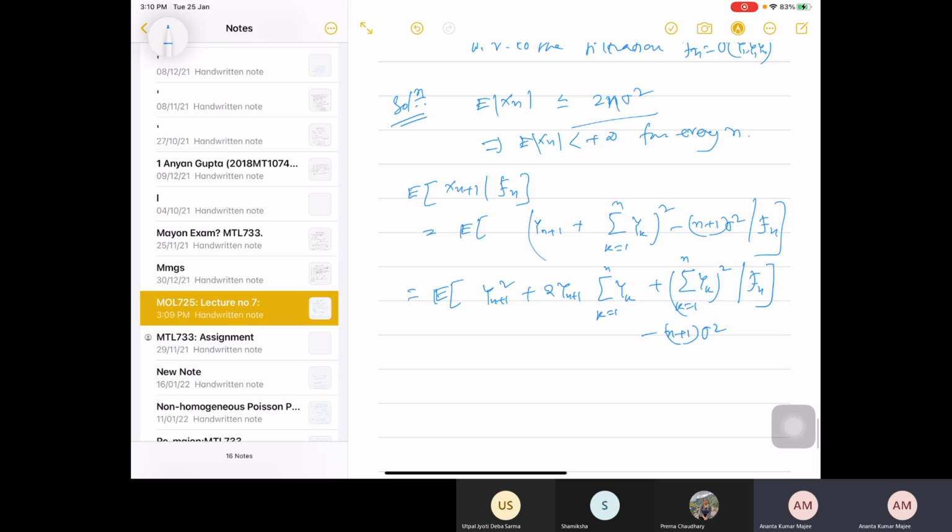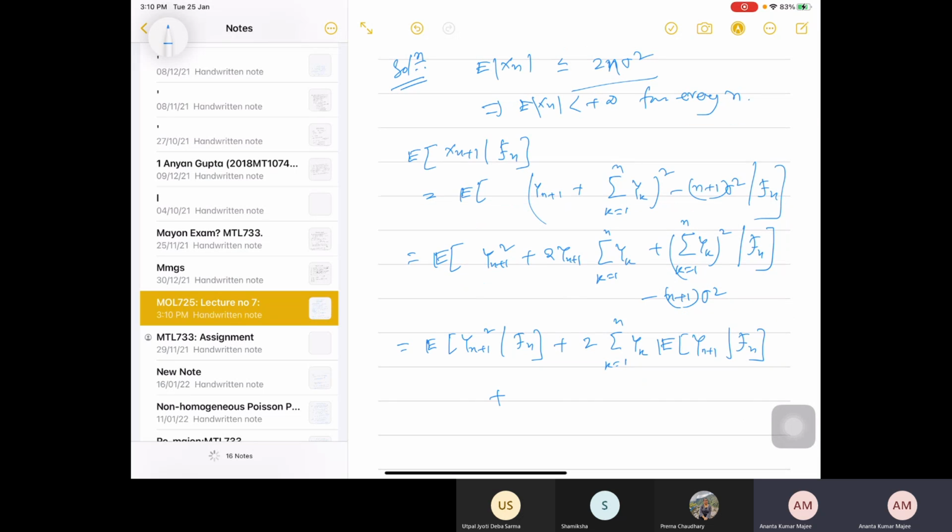Now, the expectation is linear, so this is the expectation of Y_{n+1} squared given F_n, plus, since the Y_k for k equal to 1 to n are all F_n measurable, I can take out the summation over k equal to 1 to n of Y_k times the expectation of Y_{n+1} given F_n, and then plus again this one is measurable.